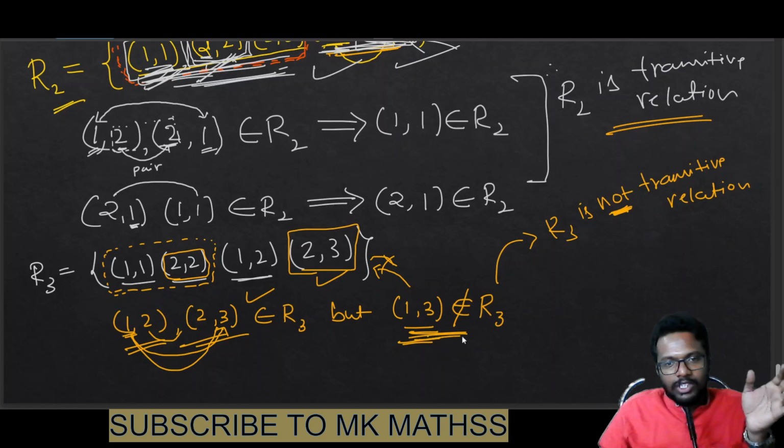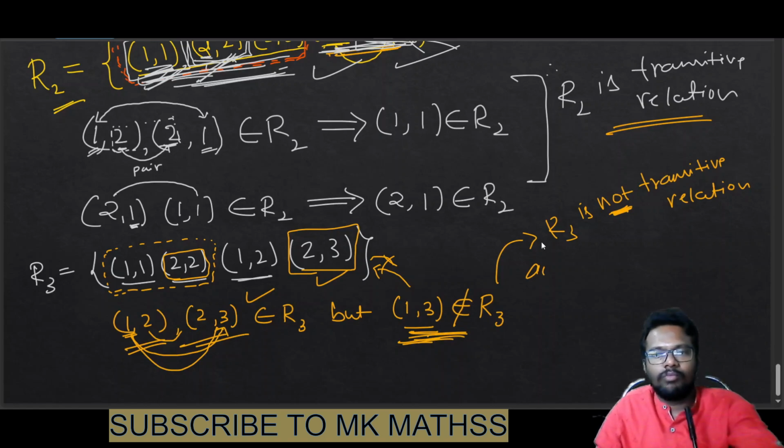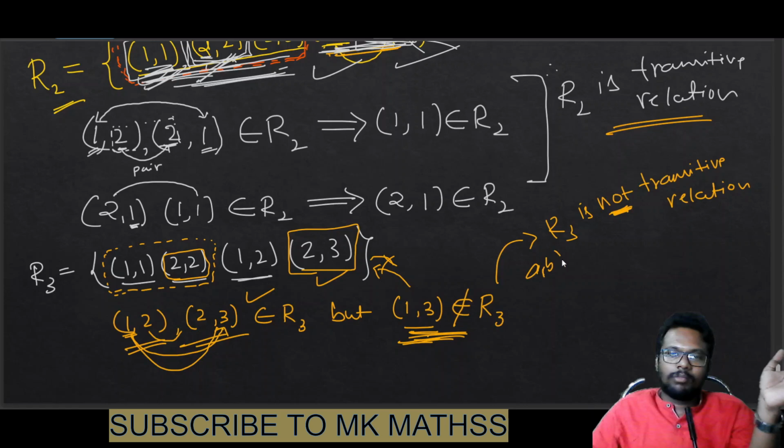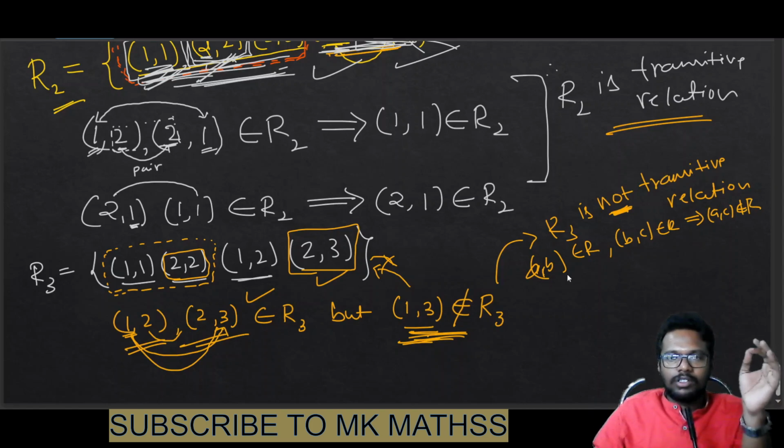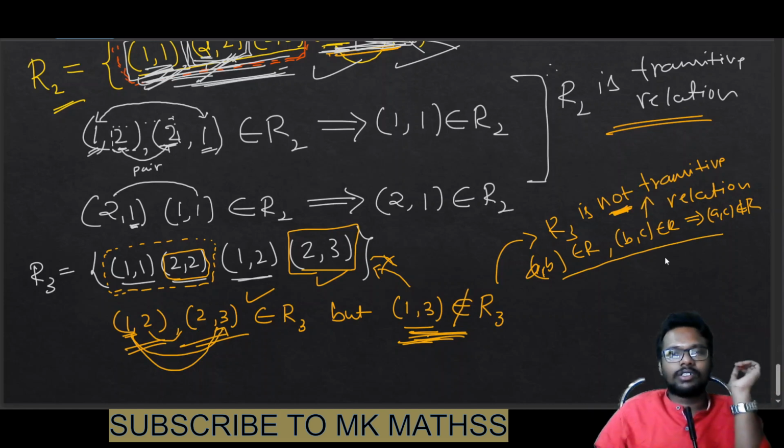If we find any one ordered pair which does not belong to R3, it means (a, b) belongs to R, (b, c) belongs to R, but (a, c) does not belong to R. If you find any one ordered pair like this, then we conclude it is not transitive.